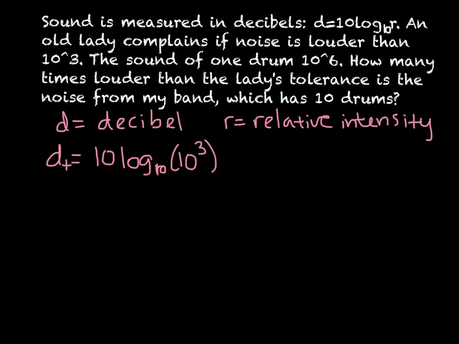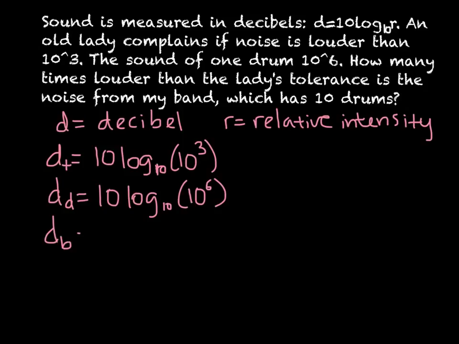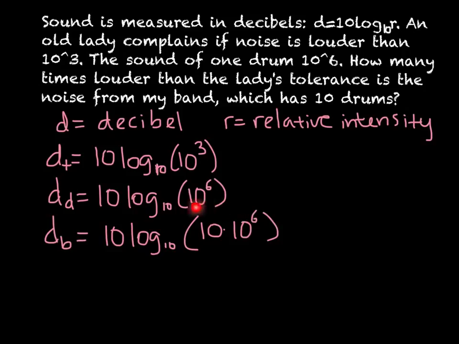And then decibels from one drum will be equal to 10 times log base 10 of 10 to the sixth. So that means that the decibel of my band is equal to 10 log base 10 of 10 times 10 to the sixth, because where I only have one drum here, now I have 10 drums.